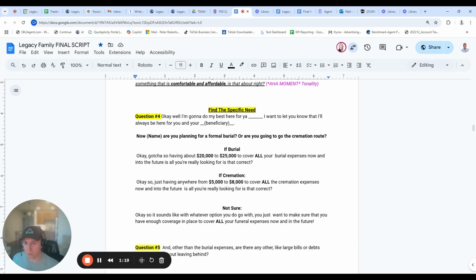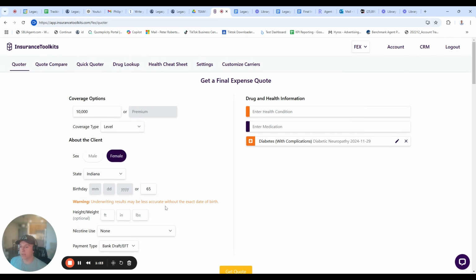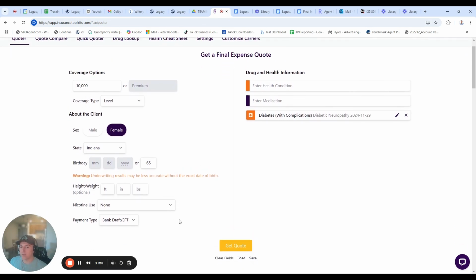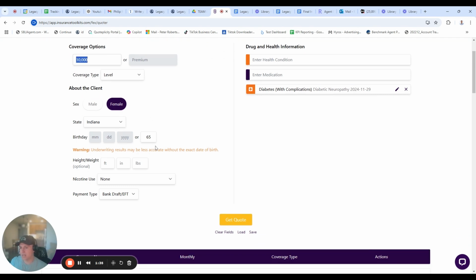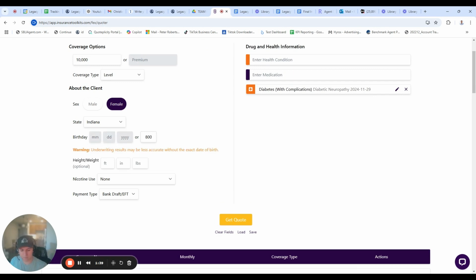Now, here's why it's important. If Miss Betty is telling you that she wants to cover a basic burial, the formal, natural burial, and you pitch her a $7,000 option, a $5,000 option, and an $8,000 option, she's going to be like, that's not going to solve my problem.